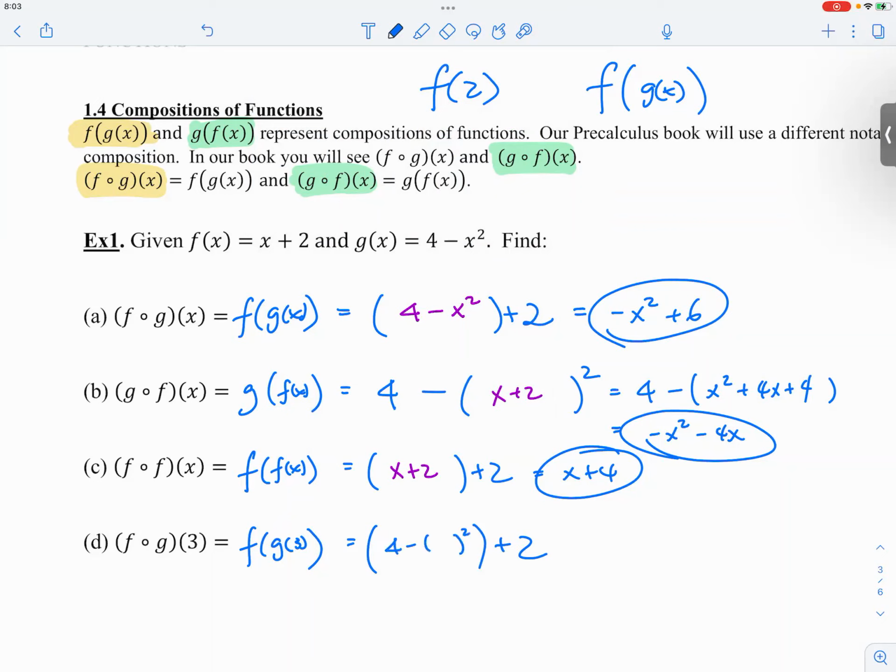So you have this 4 minus, well, g of x would be 4 minus x squared, but now it's g of 3, so 4 minus 3 squared. So now you handle your numbers with PEMDAS. So you have 4 minus 9 plus 2, which is negative 3. So it's really about you knowing what's outside, what's inside.